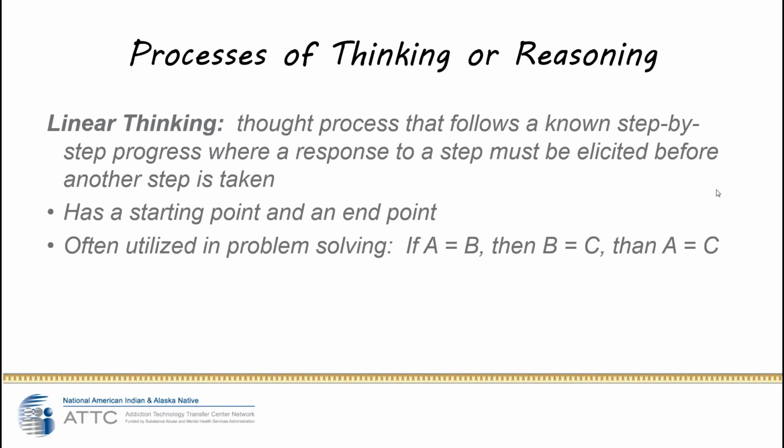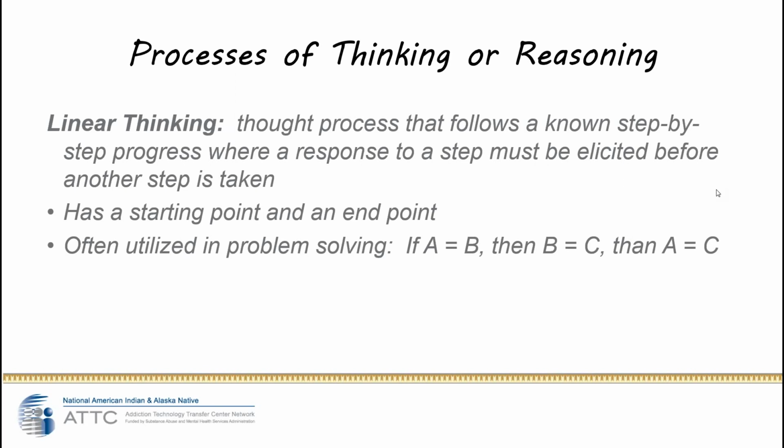You go in order. There's a starting and an end point. If A equals B, then B equals C, then A equals C. When I'm problem solving, a lot of times I'll take something from beginning and work through it until the end. Sometimes people who are linear thinking can be very time-oriented.